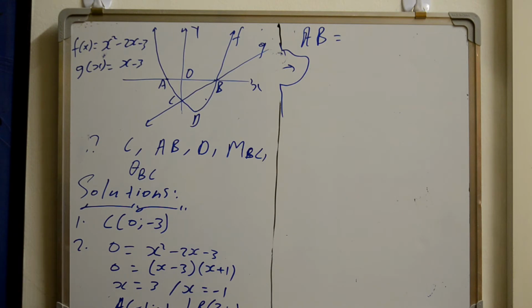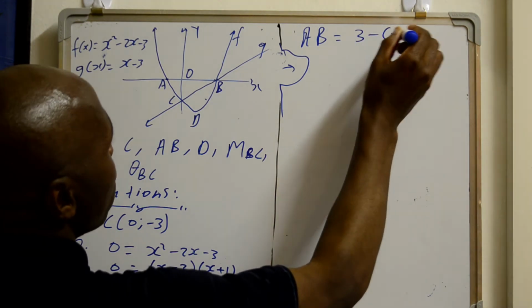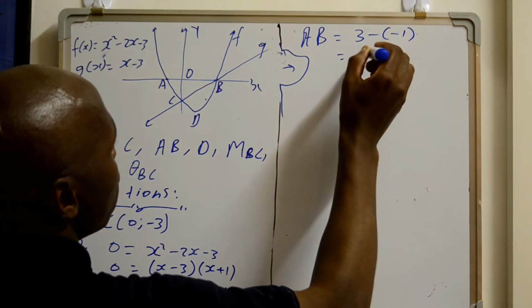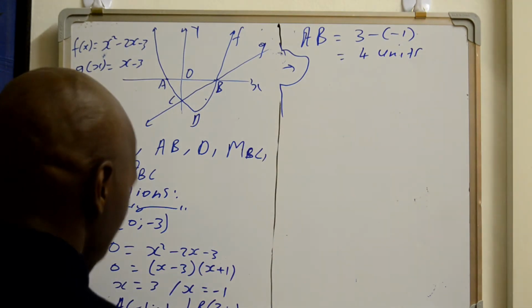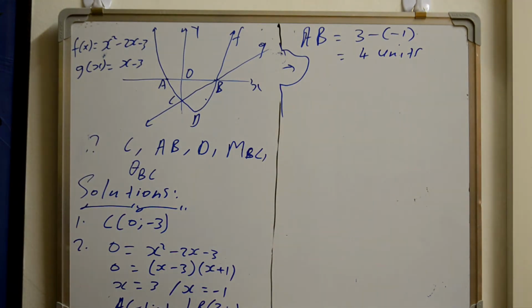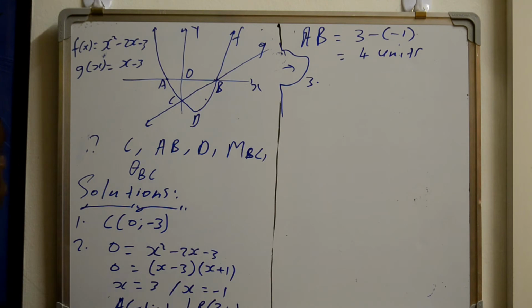So AB is 3 minus -1, which is 4 units. That is your distance. Or after having these points, you can use the distance formula to calculate the length. There are many ways, but this one is the shortest.